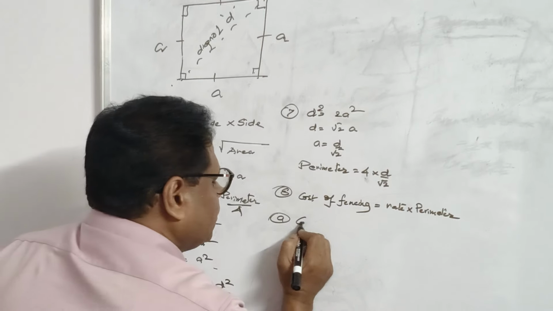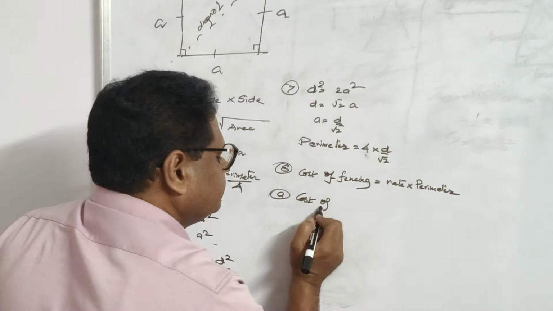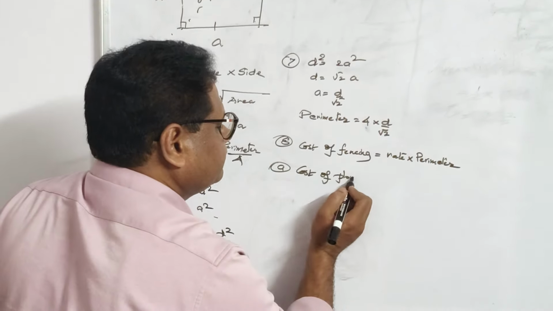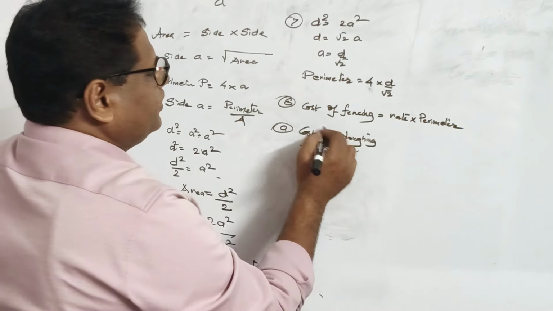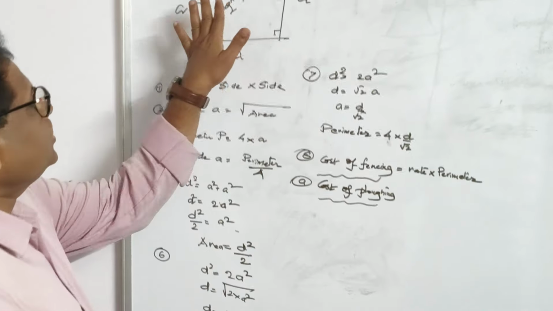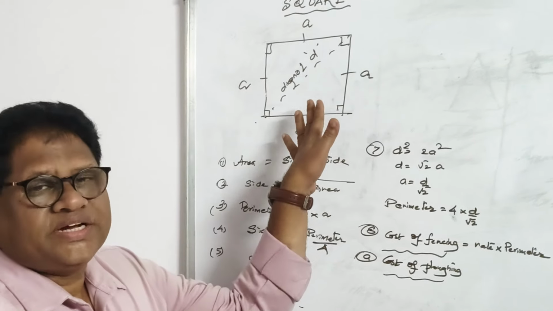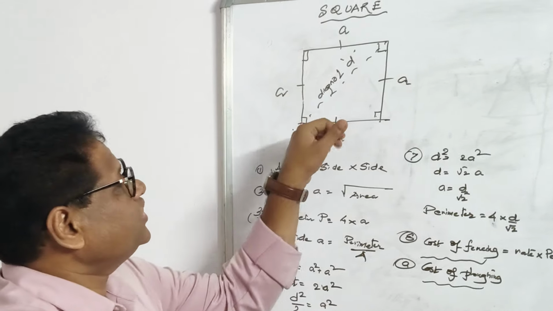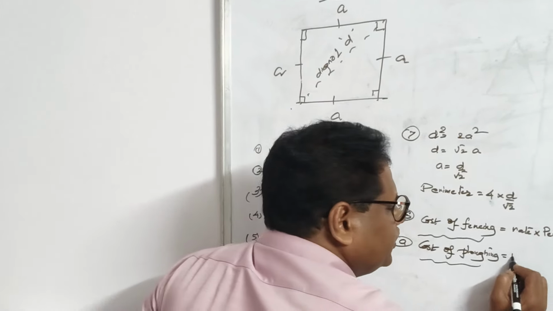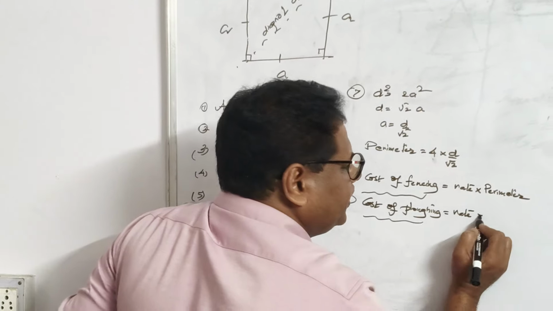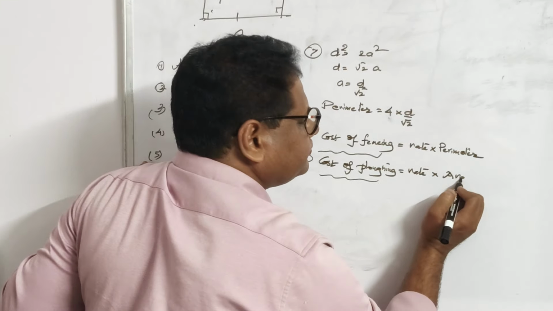If you want to find the cost of ploughing the square field, okay, this is cost of ploughing. Ploughing is inside the field, right? So in this condition you have to multiply the area by the rate. Now this gives you rate into area.